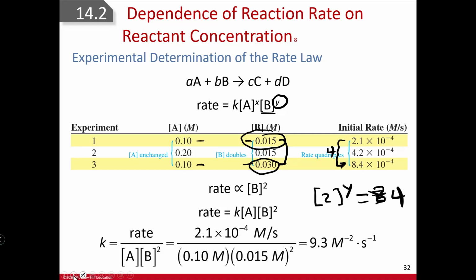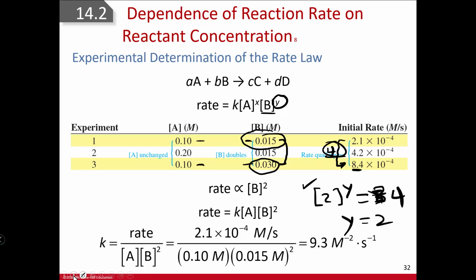See, that's why you got to write it out. Quadrupled, all right? So 2 to the y equals 4, and so y must equal 2. I think it's important you write this stuff out, because I would have made a mistake there.